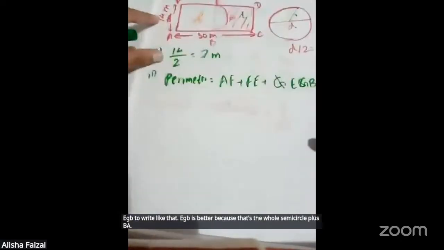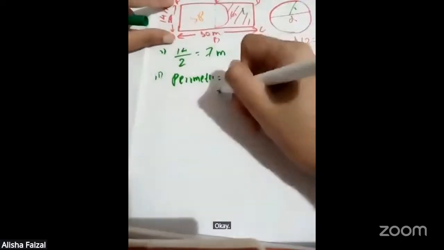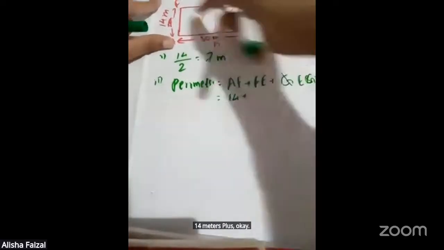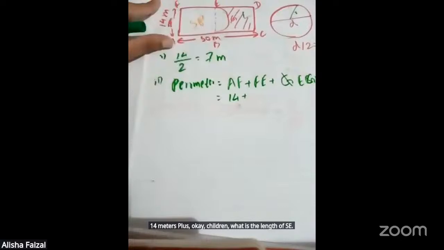AF is equal to what? 14 meters plus, children, what is the length of FE? The question says that this is divided equally into half.